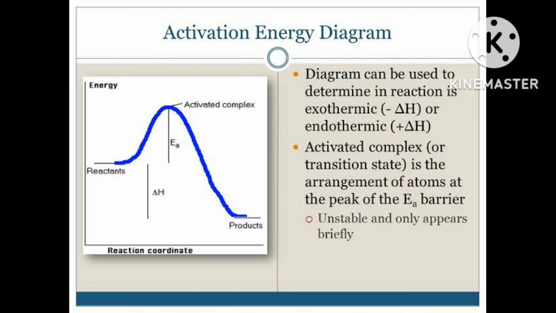Then how will you calculate? X is equal to minus b plus minus under root b square minus 4ac divided by 2a. This is the formula to get the value of X. By this way you will get the value of X.